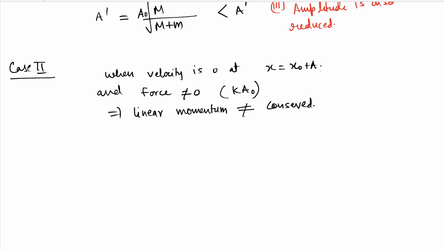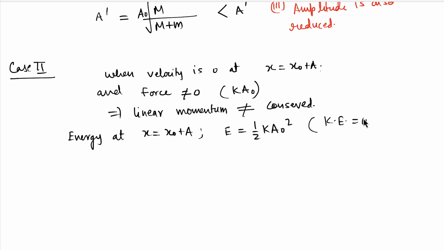Okay. So energy at x equal to x0 plus a is half k a0 square, because kinetic energy is 0 and it is independent of mass, right?